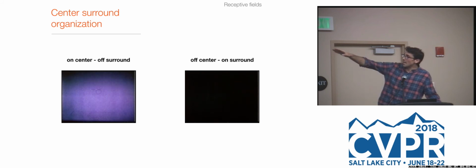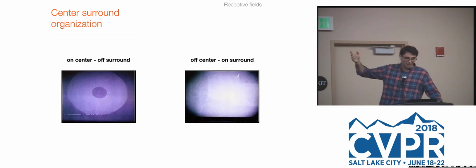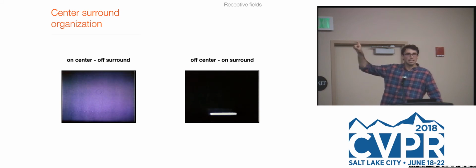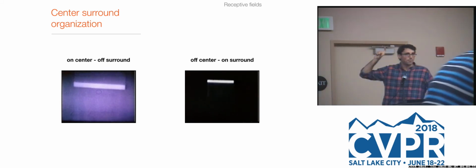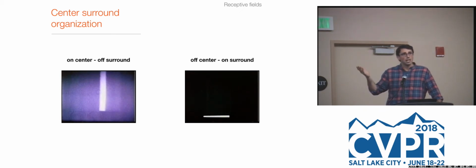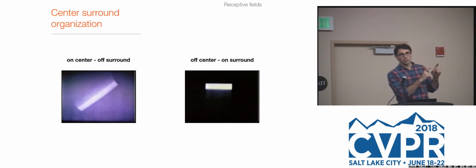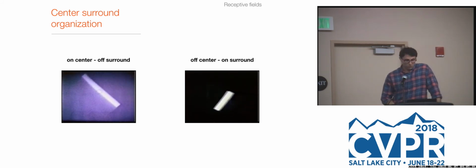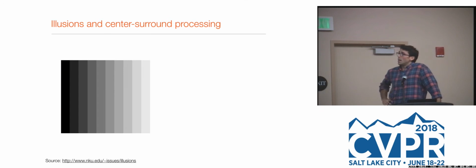I guess it doesn't make sense with both movies playing at once, but you get the gist. As they're showing the animal different kinds of stimuli, there are action potentials firing in response to the stimulus shown in some locations but not others. And this, again, is to simply show that we have receptive fields in cortex.